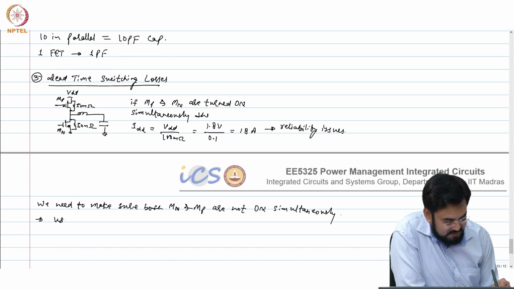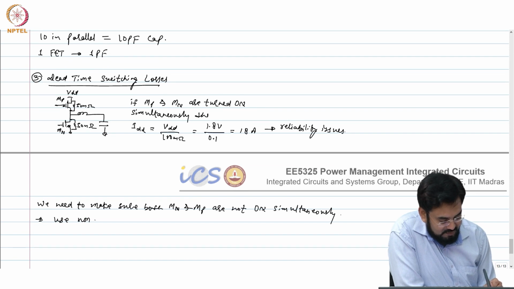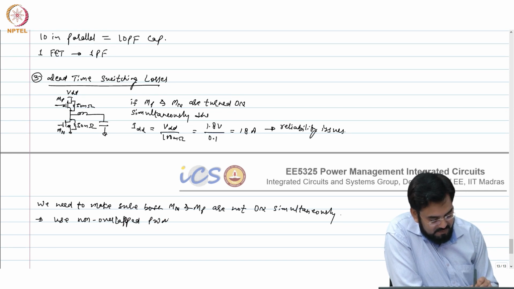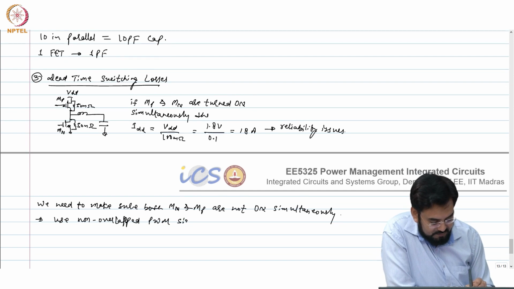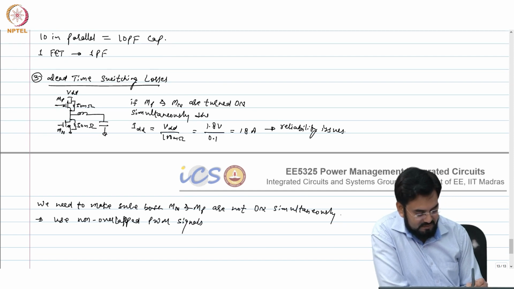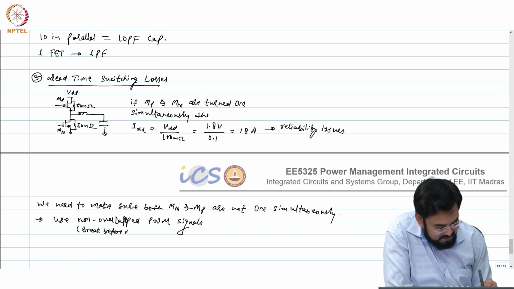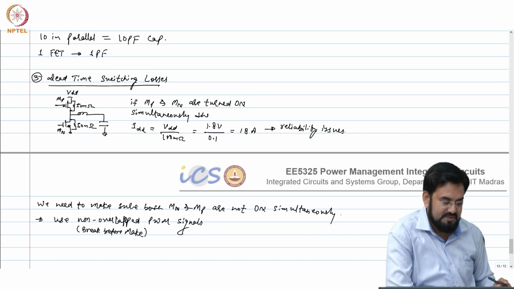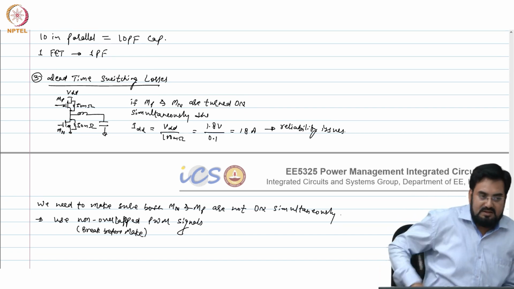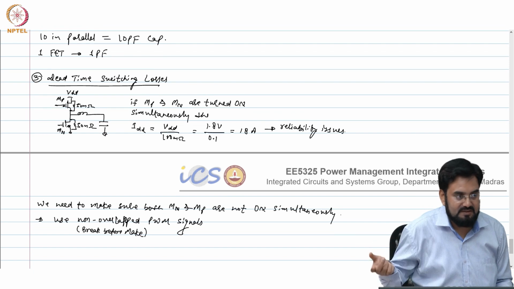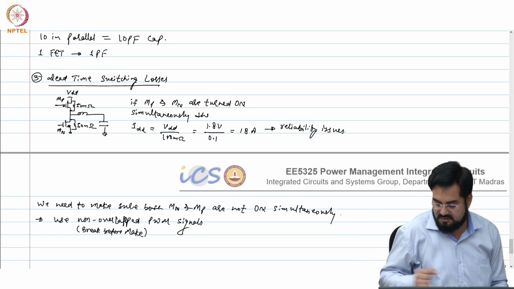So use non-overlapping clocks. You can also go break before make, which means you turn on the other switch, but you have to break the current switch before you turn on the other switch.